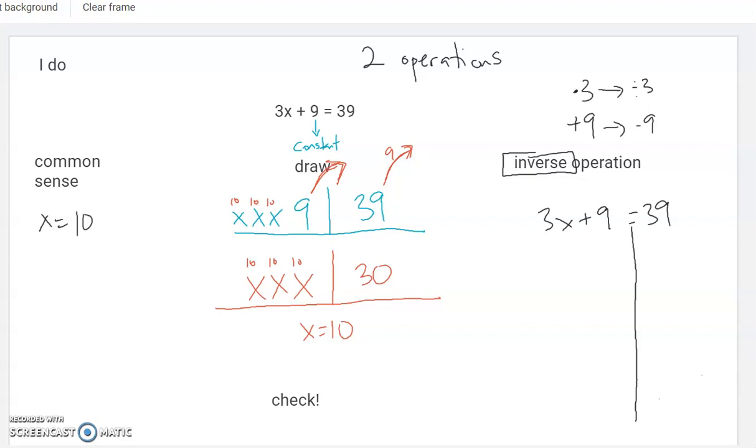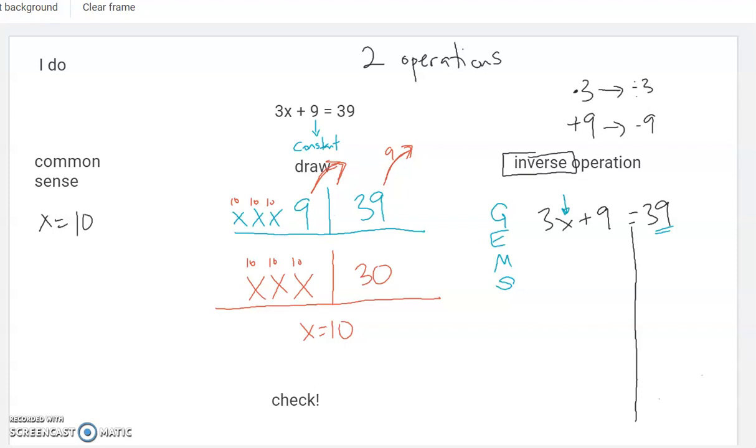Here's how you decide. So in a problem where we knew what x was, if we knew x and there was 2 operations, the way we would decide what to do is we would follow Jim's. But this is different because rather than knowing all the numbers and figuring out the answer, we know the answer and we need to figure out one of the numbers in the question.